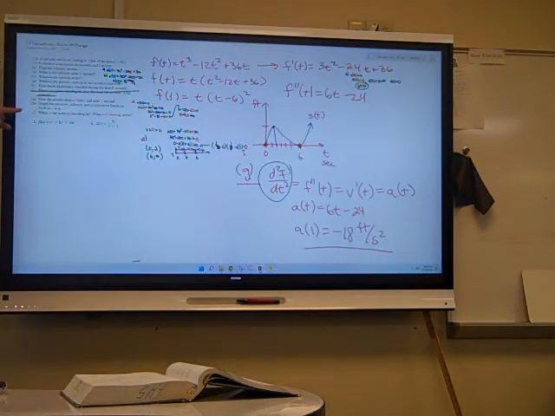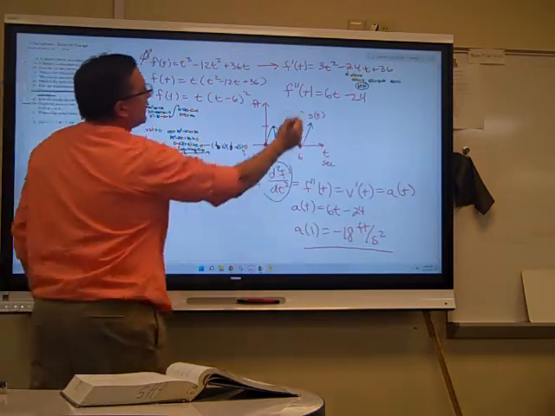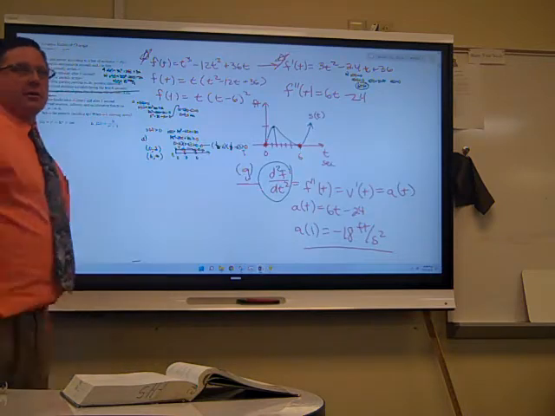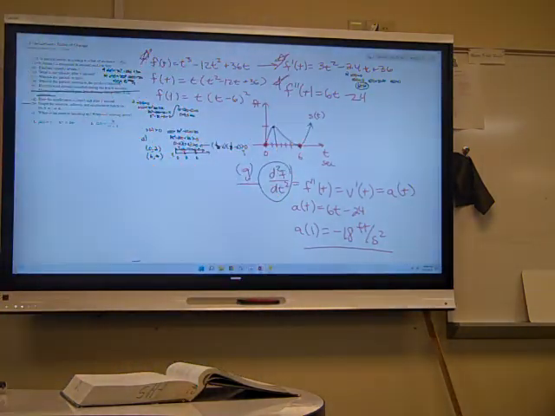All right, everybody. It says graph the position, velocity, and acceleration functions from 0 to 6. Everybody, you can do this in your calculator now, or on Desmos. We now have 3 functions: the position function, the velocity function, and the acceleration function.